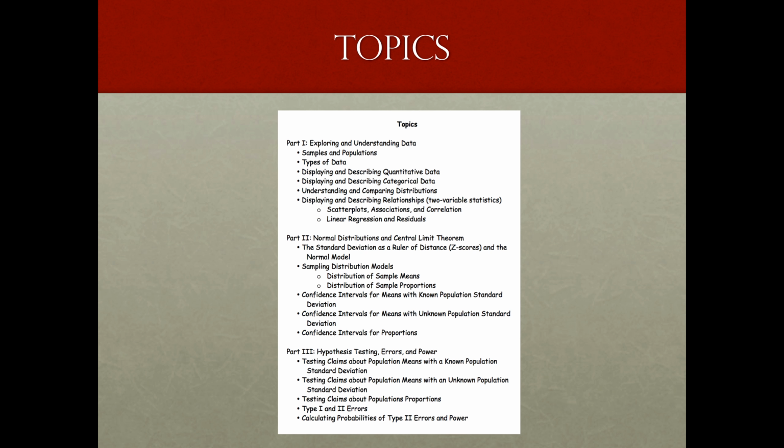Part 3, hypothesis testing. I consider this to be the inference part. This is probably the most important part of statistics. How do we take information from a sample and use it to either test a claim about a population value or use the sample to make an estimate of an unknown population value? So again, guys, 3 parts here: understanding data, normal distributions and sampling distributions, and part 3 is an introduction to inference.